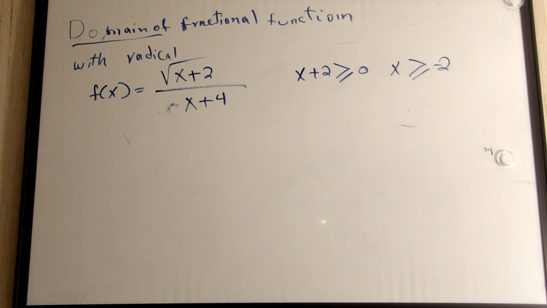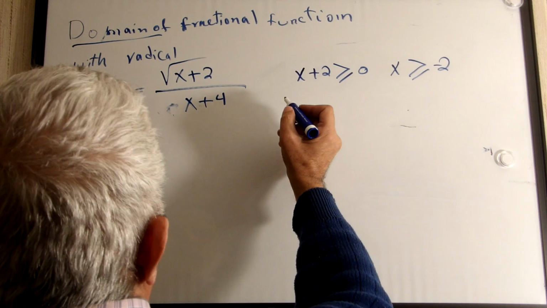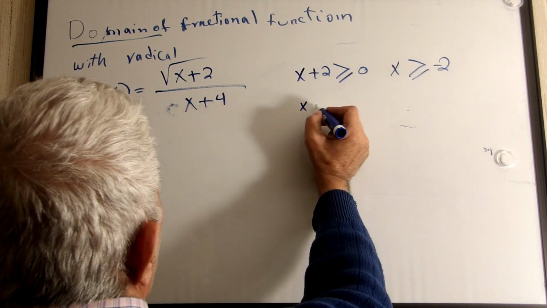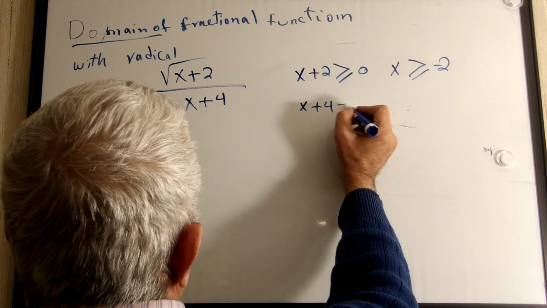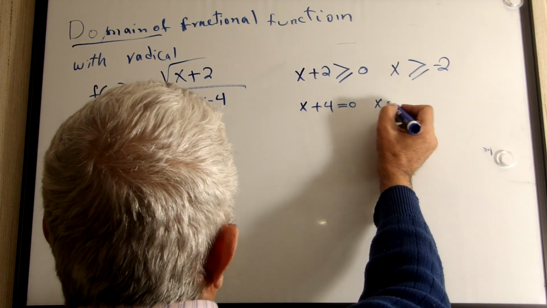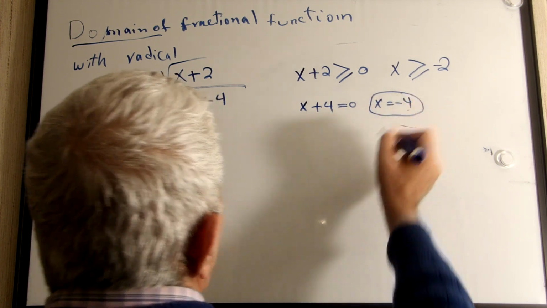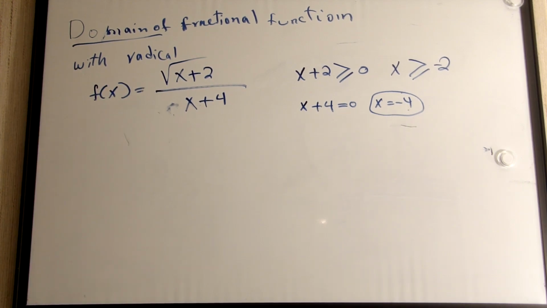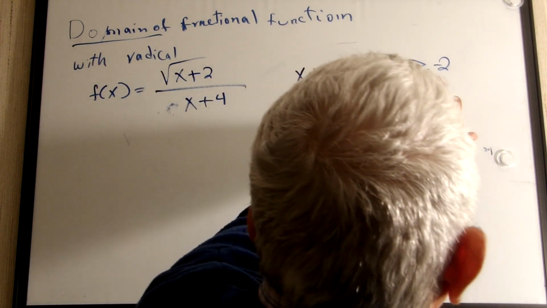And then x here, if we set it equal to 0, x is equal to minus 4. I mean, minus 4 cannot be, so we have to exclude minus 4.